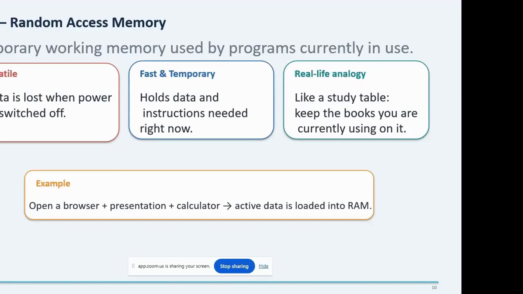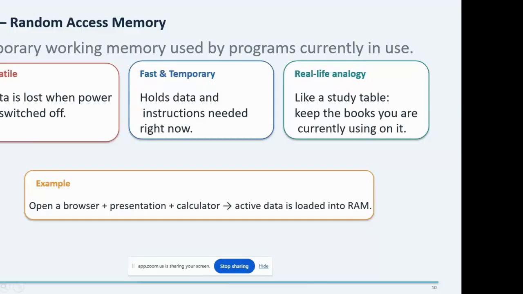For example, CD, DVD, pen drive, all these are called secondary storage devices. Coming back to the primary memory, these memories reside inside the computer. In that, the first type is called random access memory, right?